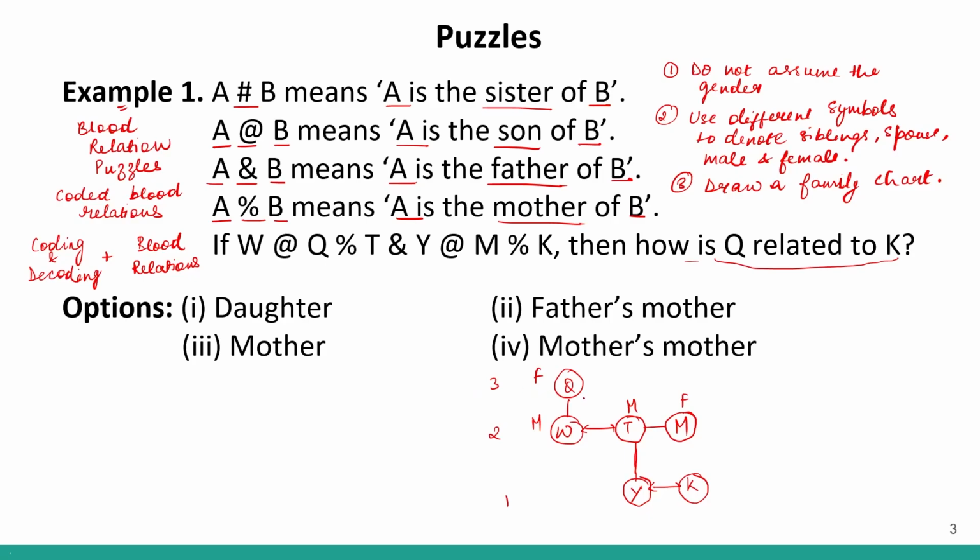So Q is K's father's mother, because K's father is T, and Q is the mother of T. So Q is basically K's father's mother. So my answer will be option number 2, father's mother. Okay, clear?